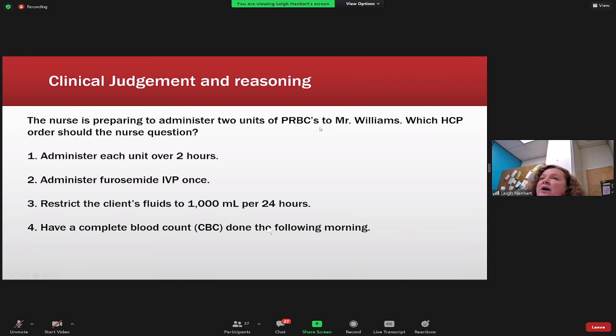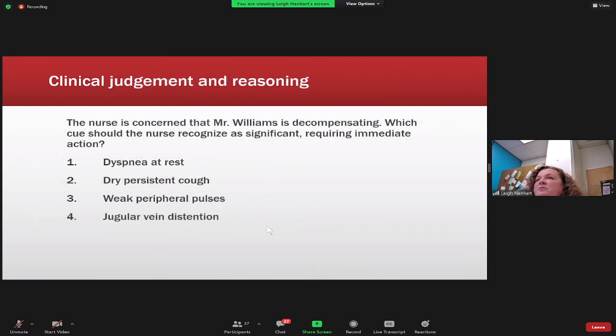That's going to total up to almost 800 mils, and he's on a 1,000 mil restriction. So what's more concerning here is to administer it quickly, right? This patient's not going to be able to handle an influx of volume. So this is just things to think about, because this is what happens with your patients. They snowball.